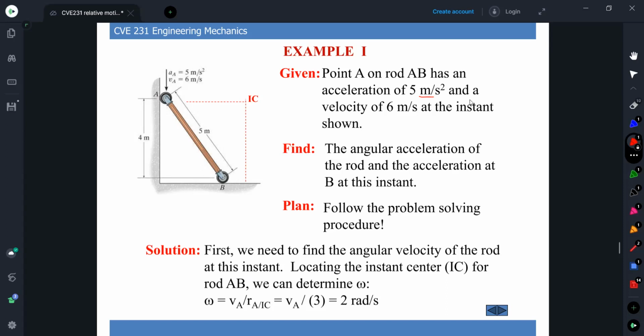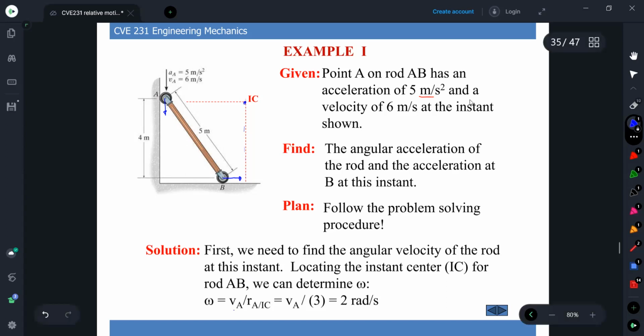For this case, we know that VA goes down and VB is to the right. When we draw lines perpendicular to these two velocities, we can find the instantaneous center of zero velocity, this point IC. According to this point, we can determine omega of rod AB.